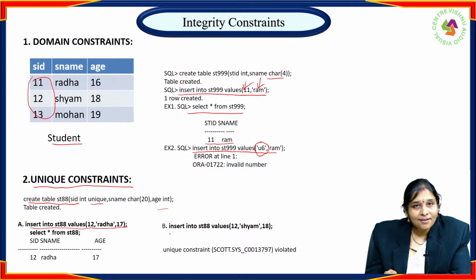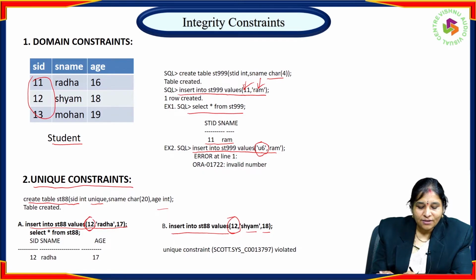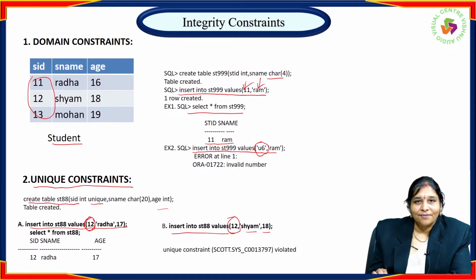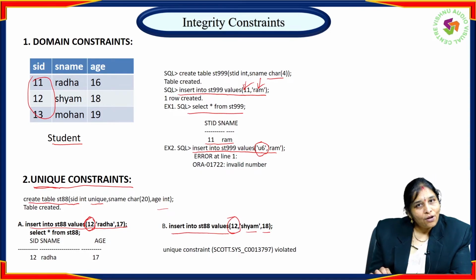Now once again, as I told you, I try to insert into student 88 values, another row, 12, Sham, 80. If you observe carefully, the 12 has been duplicated and my constraint is unique. So should it allow? No, right?